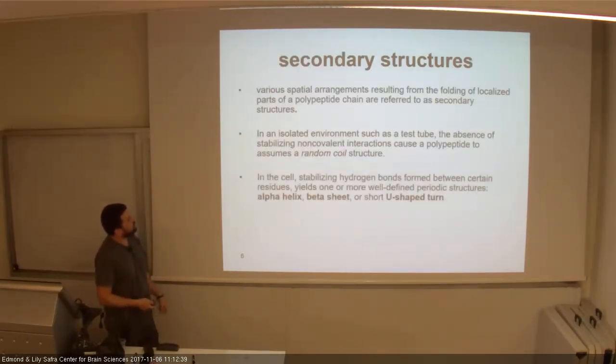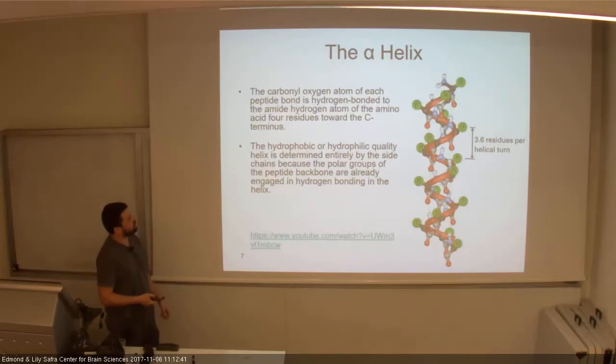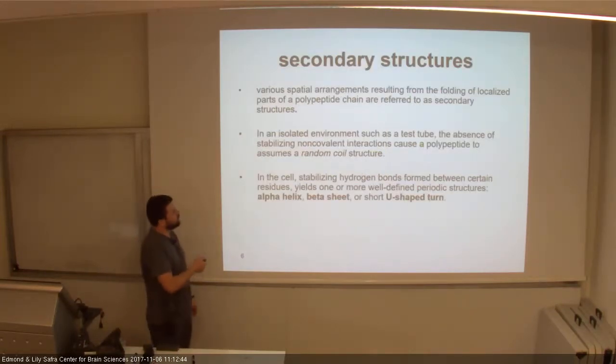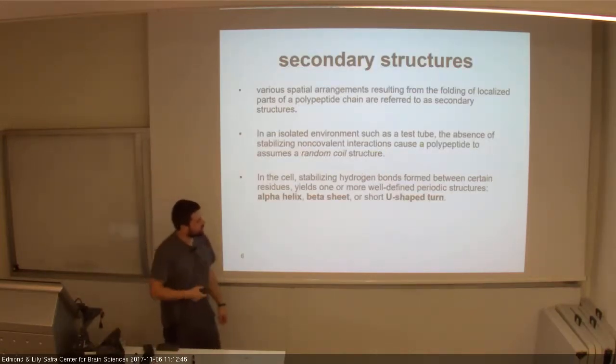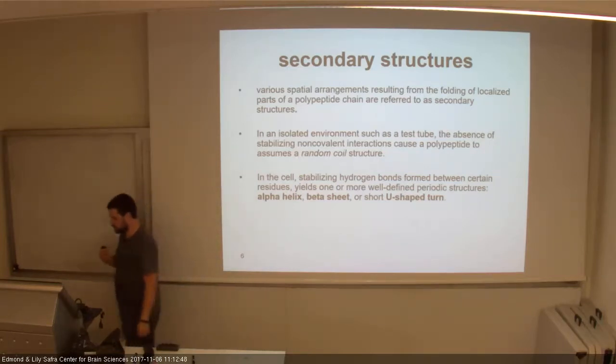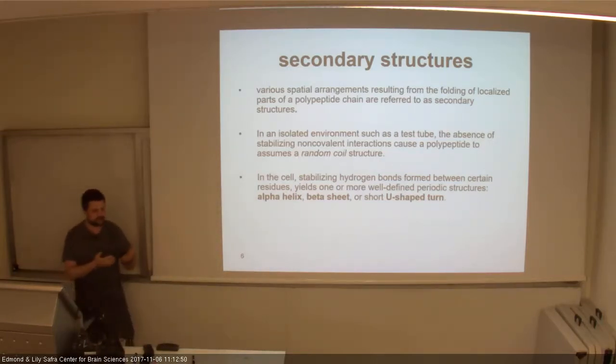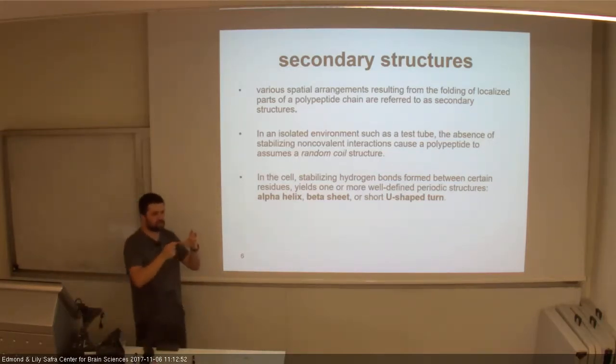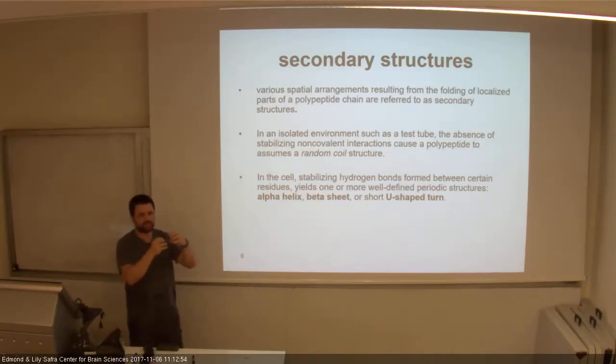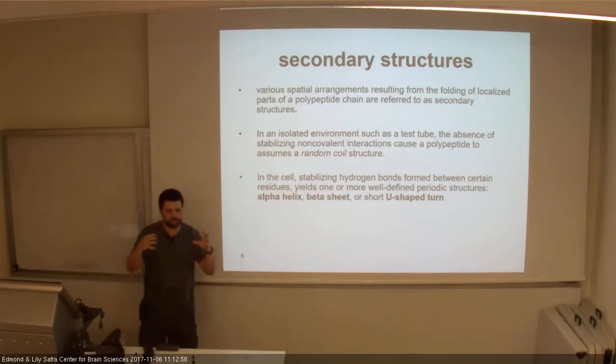Then we defined what secondary structure is. We said that there are three types of secondary structures: alpha helix, beta sheet, and U-shaped turn. And I told you that at the level of secondary structure, we're always talking about interactions happening inside the backbone. We didn't talk at all about the amino acid residues.